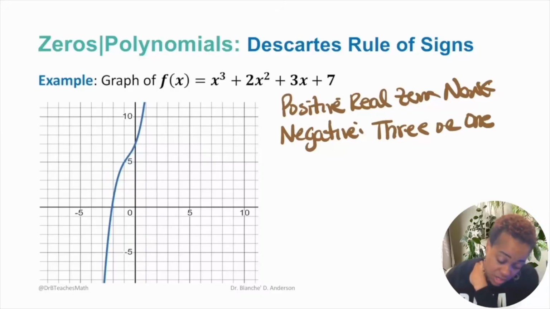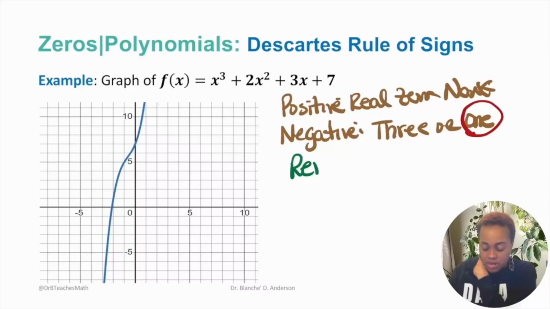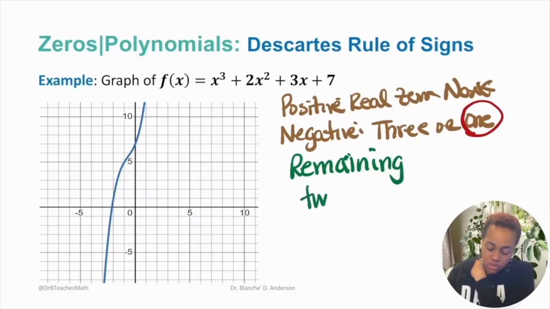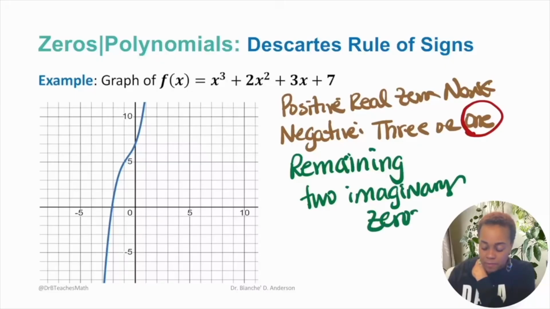And as you can see here, based on the graph, we only have 1. So what's remaining are probably going to be 2 imaginaries. Not positive, but 2 imaginary zeros, because remember the imaginary numbers come in pairs.